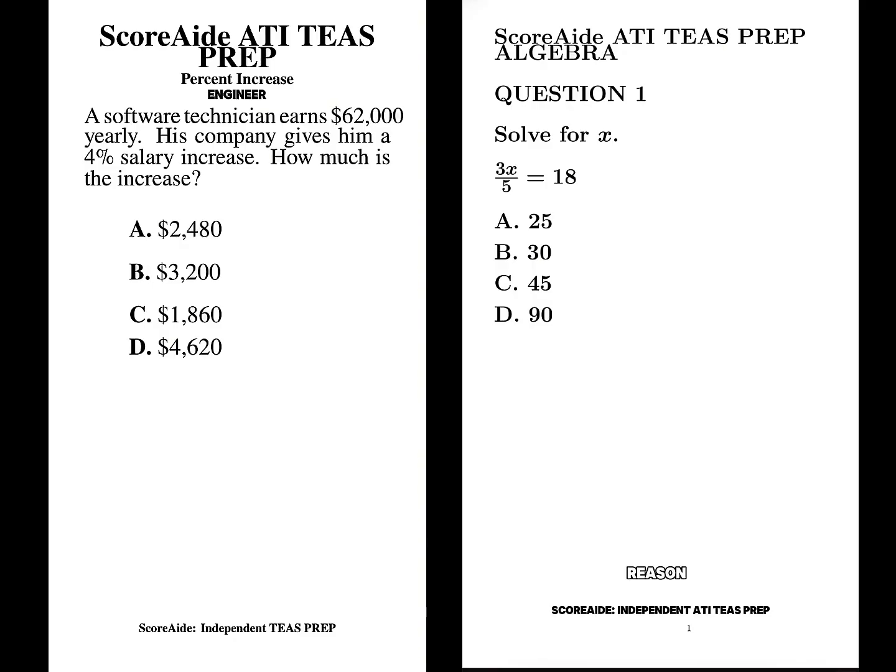A software technician earns 62,000 yearly. His company gives him a 4% salary increase. How much is the increase? So they're asking for the actual increase. The actual increase is equal to 4% of 62,000.